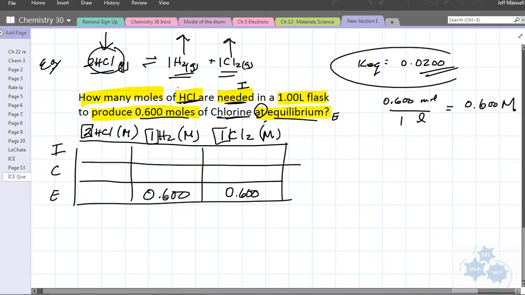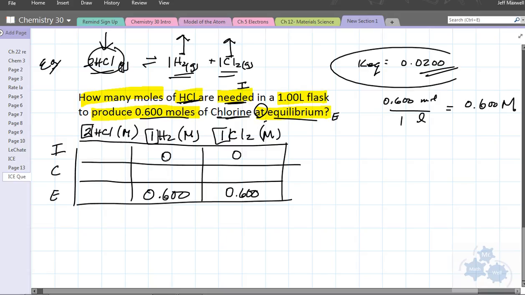What did I say here? What did we start with? HCl. So how much H2 and Cl2 do we have at the beginning? Yeah, 0. So that's something that you do know. Now, if you look at the initial concentration of 0 and the equilibrium concentration of 0.6, what was the change from 0 to 0.6?